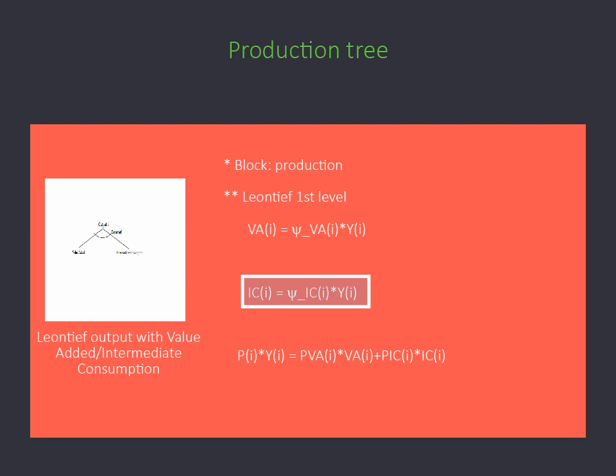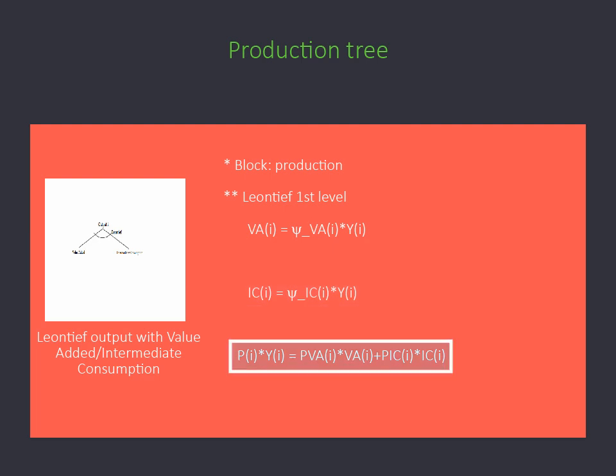And a second relation, which is also a proportional relation, between total intermediate consumption in sector I, which is called IC in sector I, and the level of output in volume in sector I, which is called Y in sector I. And the coefficient between intermediate consumption and output is called psi underscore IC.